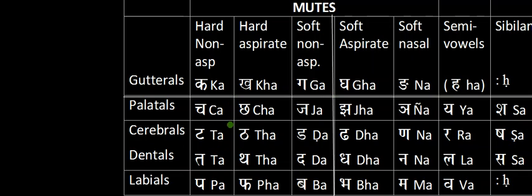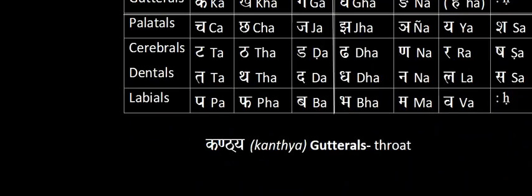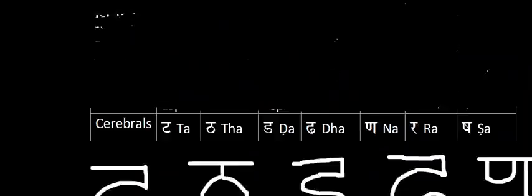Everything is: ka, kha, ga, gha, nga. Cha, chha, ja, jha, nya. Ta, tha, da, dha, na. So the vowel sign was added to these consonants just so that it will facilitate us to pronounce them when we're talking about them. So that is what this note is saying here.